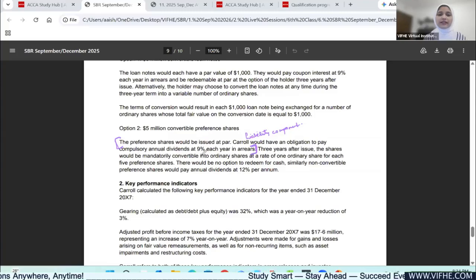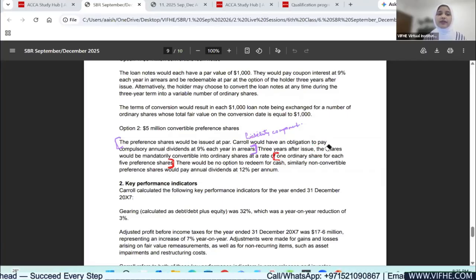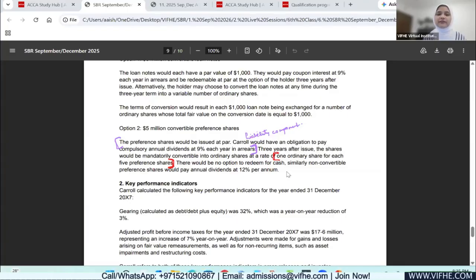When you see that you are going to make a payment in the form of your own entity's shares, but it will be 5 preference shares for one ordinary share, that's fixed. Then is this equity or liability? Has the F2F, the fixed to fixed test, been met?